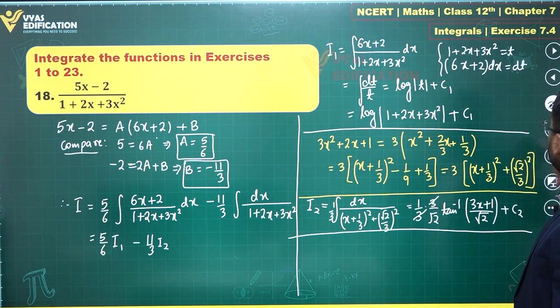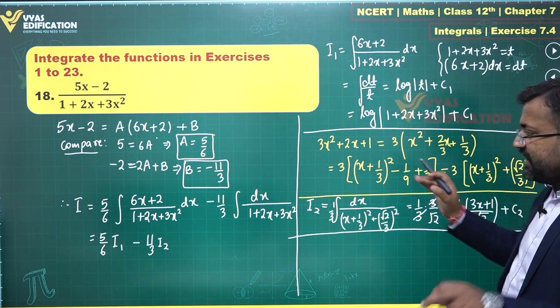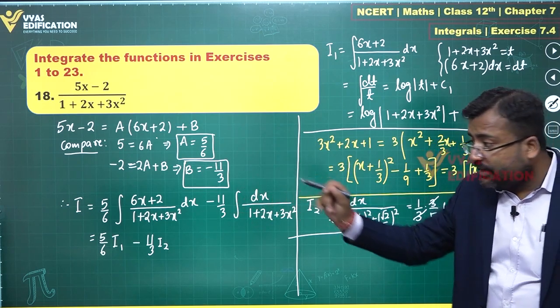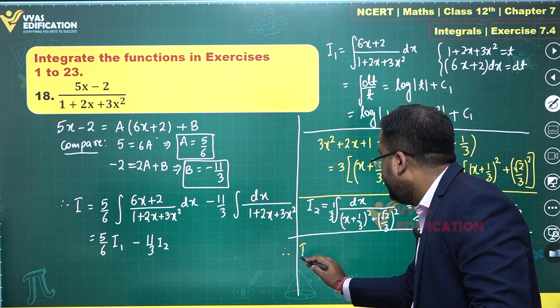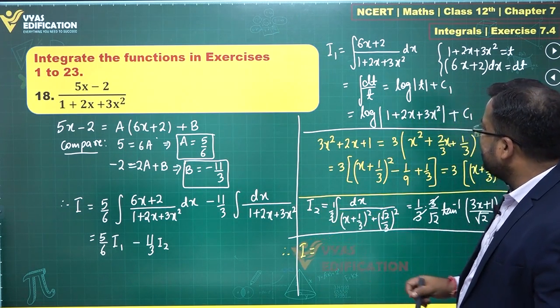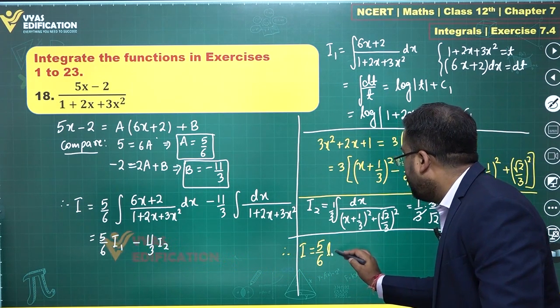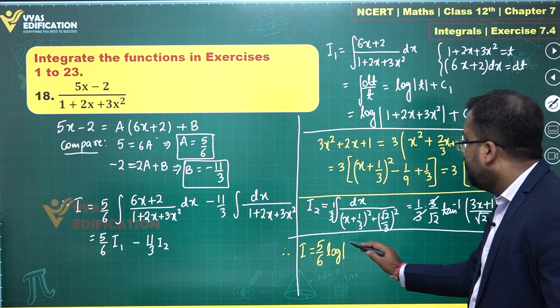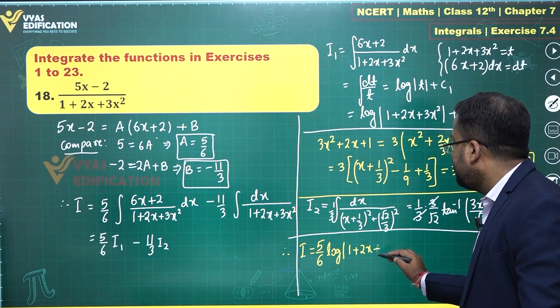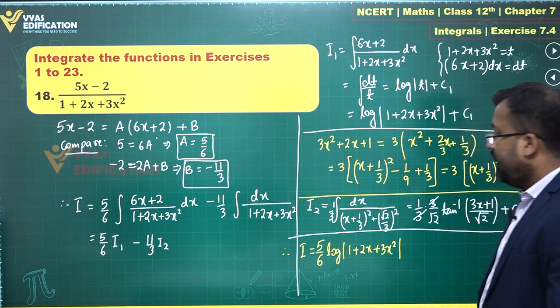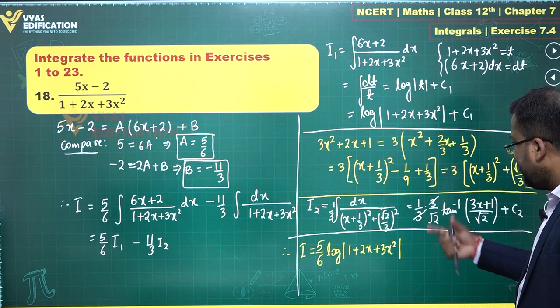Once you have found I1 and I2, the next thing that you want to write is the value of I from there. Therefore, I will be equal to what? 5 by 6 times I1, 5 by 6 log of modulus 1 plus 2x plus 3x square, and minus 11 by 3 times this I2.